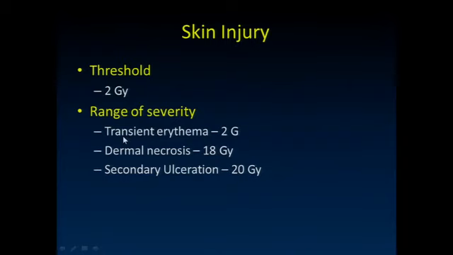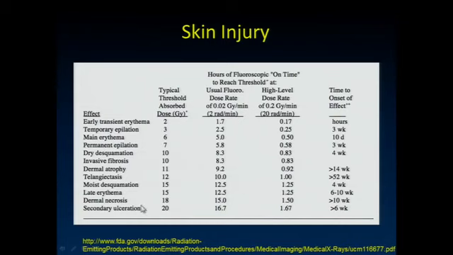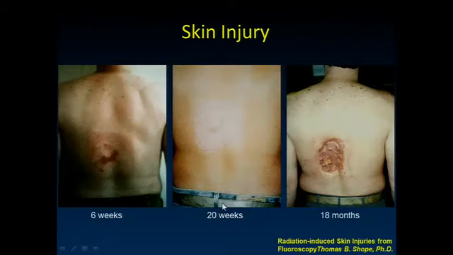The range of severity: transient erythema at 2 gray, dermal necrosis at 18, secondary ulceration at 20 gray. And there are some nice studies looking at the fluoro time, and you can see here going down from the early transient erythema, temporary epilation, main erythema, permanent epilation, as the dose increases.